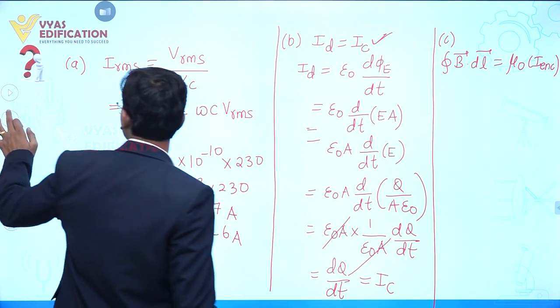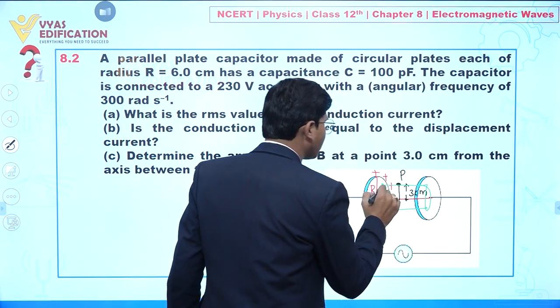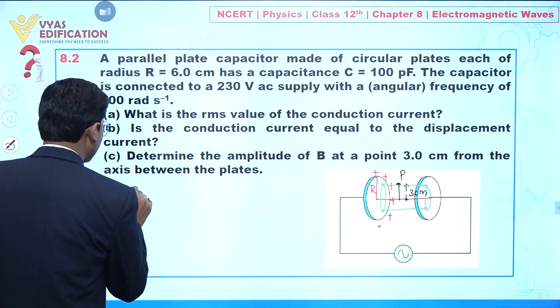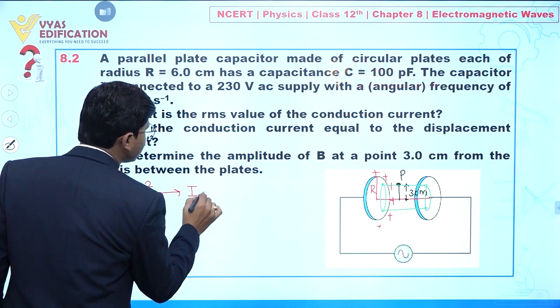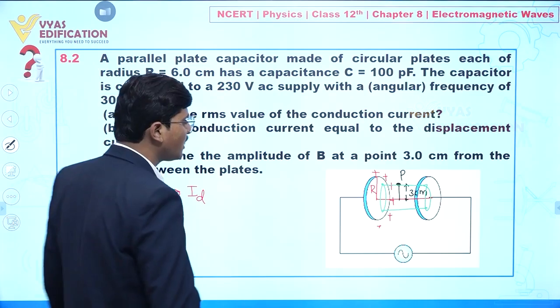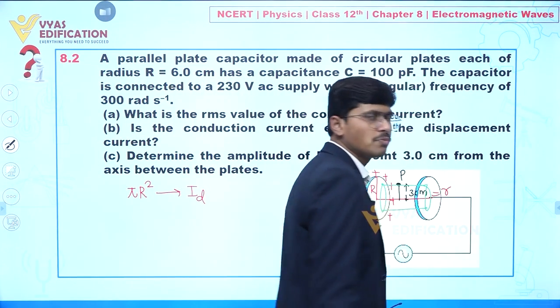How will we find it? Listen. The radius of this surface is given, that is capital R, and let's suppose 3 centimeter is equal to small r.